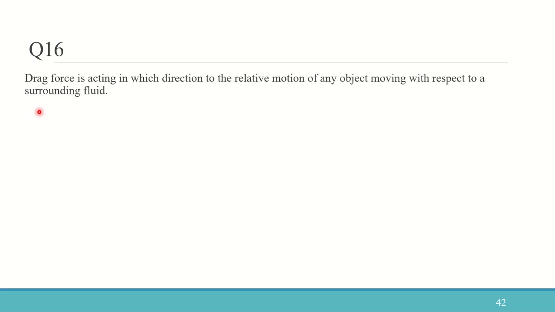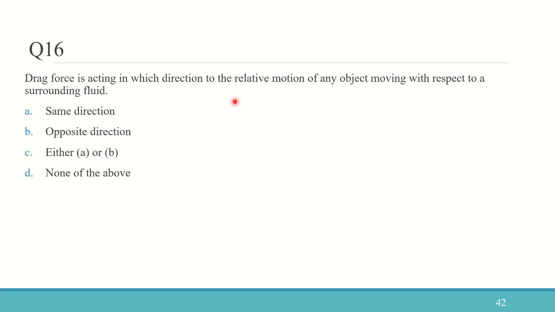In question 16, we are finding in which direction the drag force acts relative to the motion of any object moving with respect to a surrounding fluid. Option A, same direction. Option B, opposite direction. Option C, either A or B. Option D, none of the above.